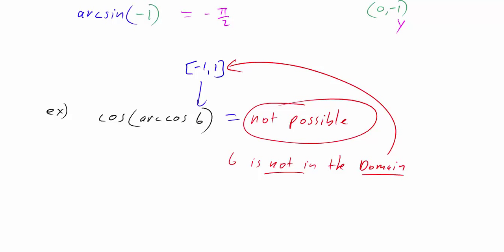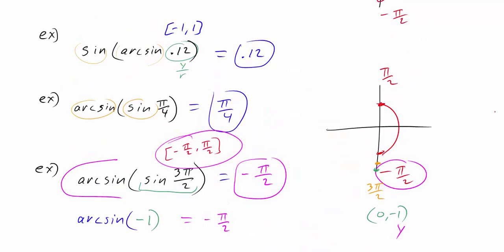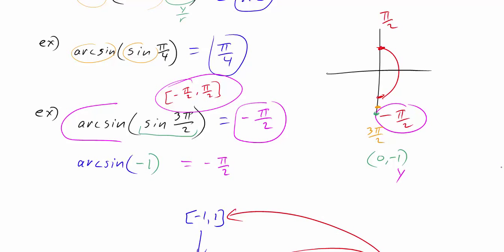So that's why this one is not possible. The reason the one up here with the 3 pi over 2 is possible is because we can take the sine of 3 pi over 2, which equals negative 1. It's just that when we take the arc sine of negative 1, it's going to be negative pi over 2, not 3 pi over 2.